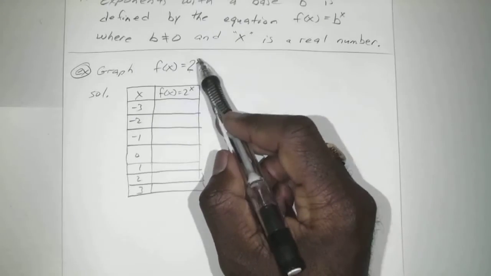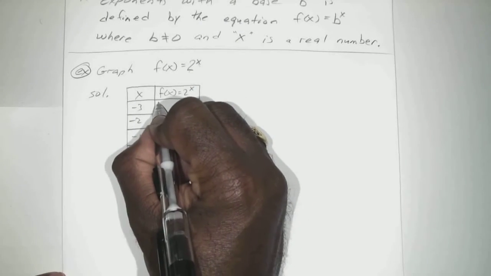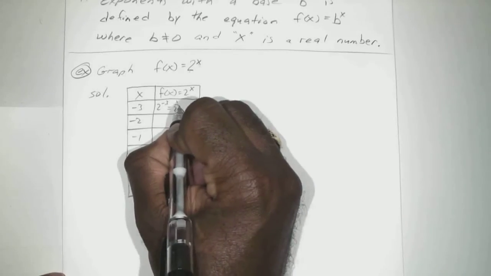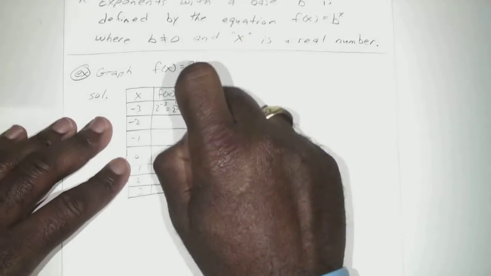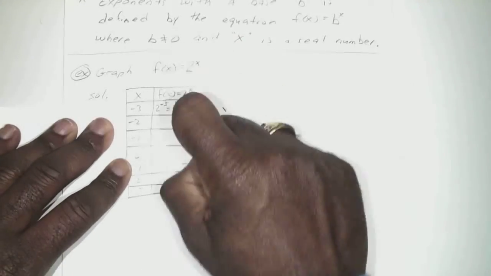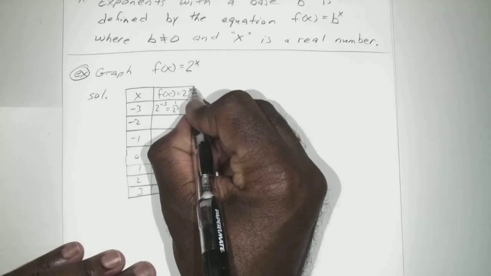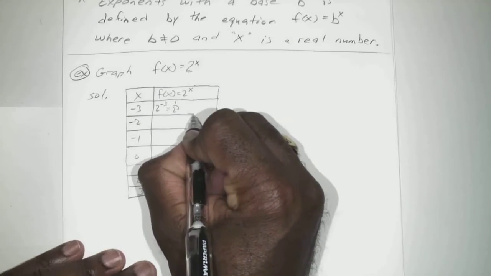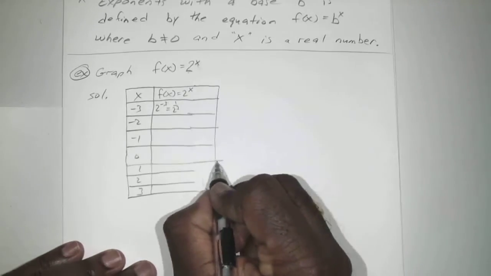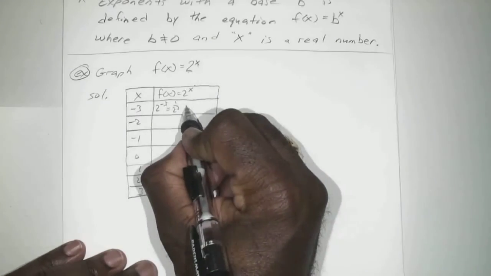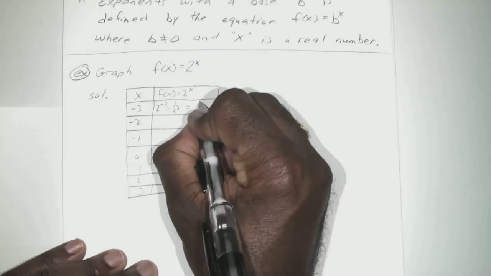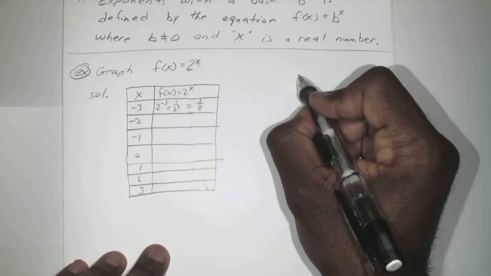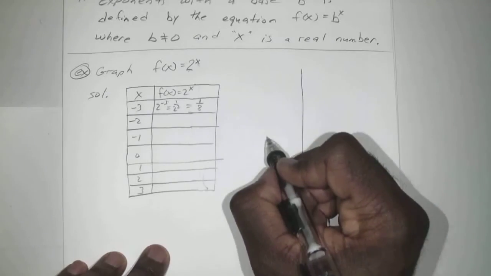So we know that 2 to the power of -3 is just 1 over 2 to the third power, and 2 to the third power is just 8, so we have 1 over 8. So we can go ahead and graph that.